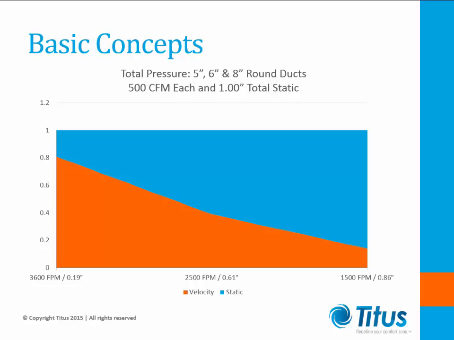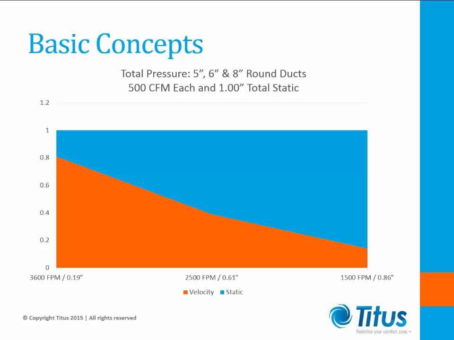Velocity pressure will decrease to 0.39 inches, and static pressure will increase to 0.61 inches, still maintaining the 1-inch total pressure. If we transition again to an 8-inch duct, the airflow will now be traveling at 1,500 feet per minute. Velocity pressure will decrease to 0.14 inches, and static pressure will increase to 0.86 inches.